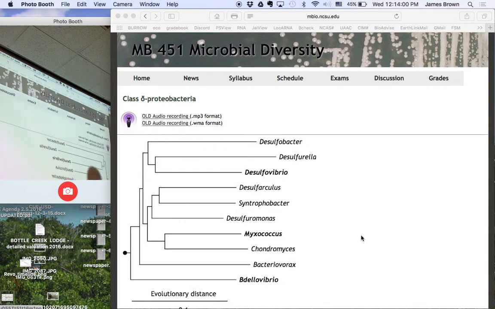The Delta-proteobacteria are a little bit more homogeneous. The other groups we talked about, there's phenotypes all over the place. The Delta-proteobacteria fall into three phenotypic types. There are the sulfur reducers.